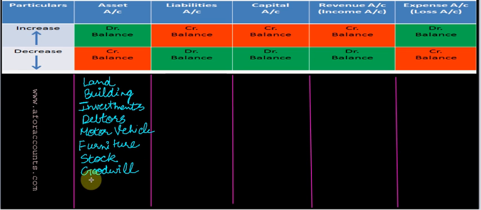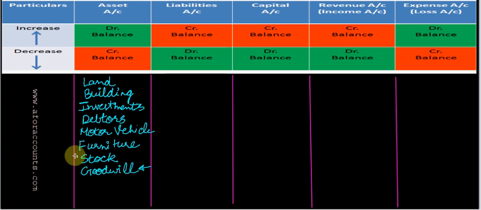Goodwill is the name that you earn over a period. Can you touch goodwill? Can you touch the goodwill of a Reliance company or of a Tata company? No. You can touch land, building, motor vehicle, furniture, stock, these all you can touch.